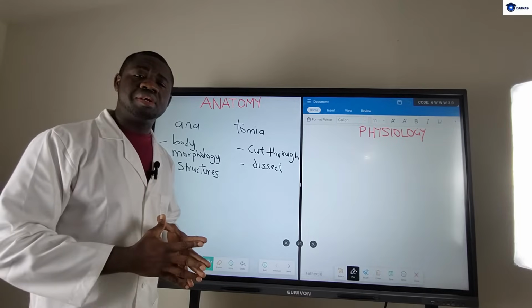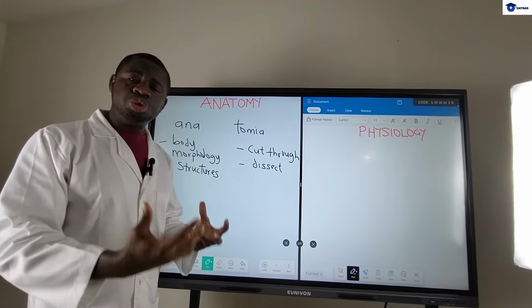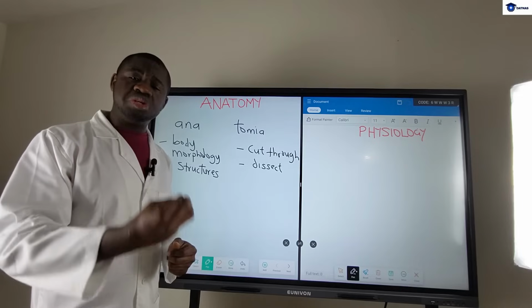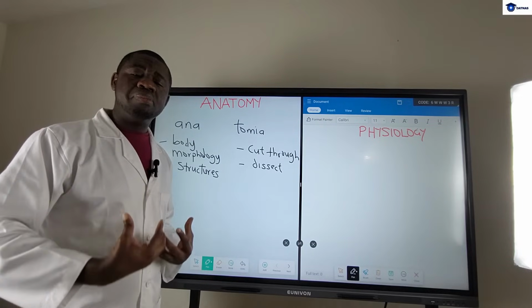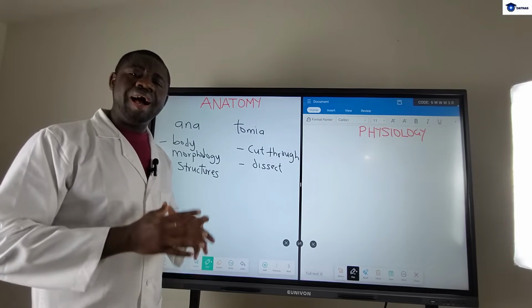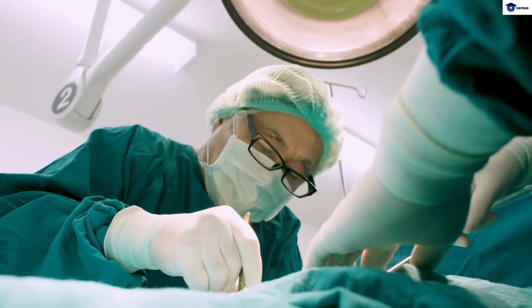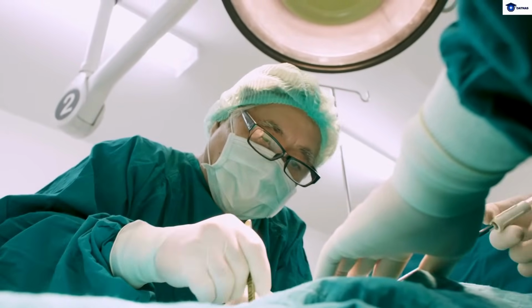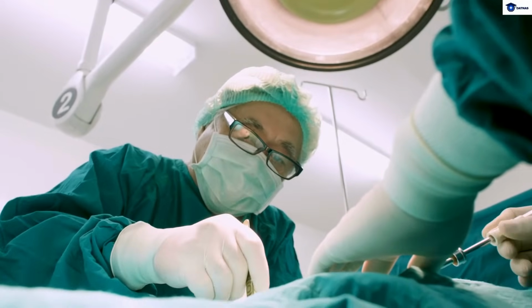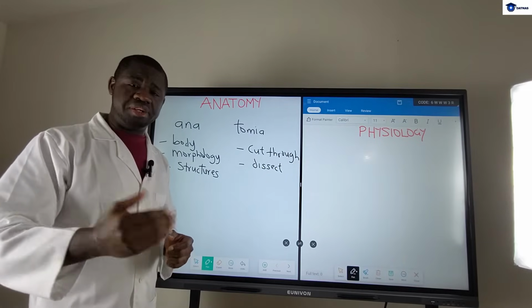This means that the structures that you want to study are within the body, and you need to cut through the body to have access to the structures in the body that you want to study.